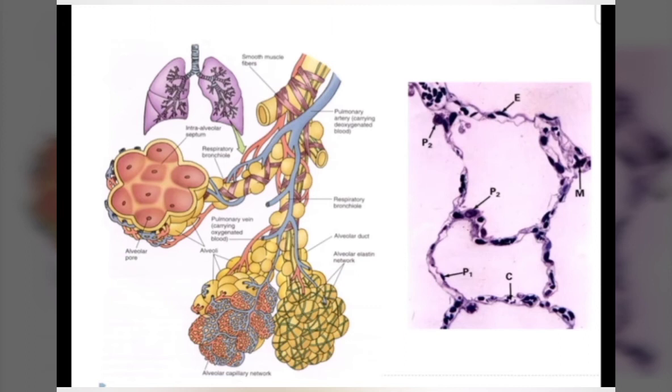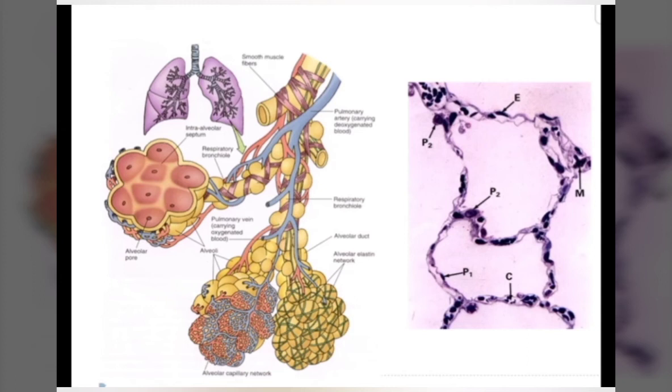As regards the alveolus, the pulmonary alveoli, the air cells are cup-shaped structures. You can see these cup-shaped structures. They have very thin walls through which gaseous exchange between the blood and air takes place.